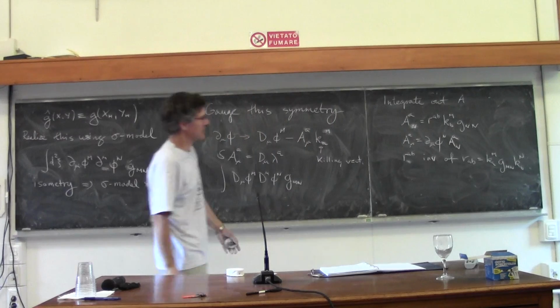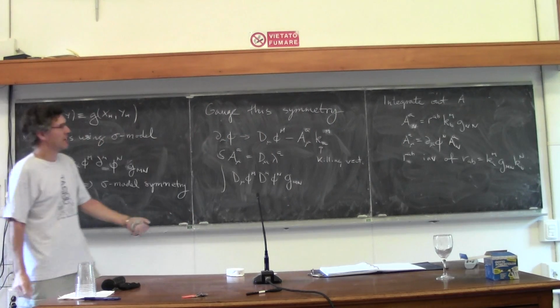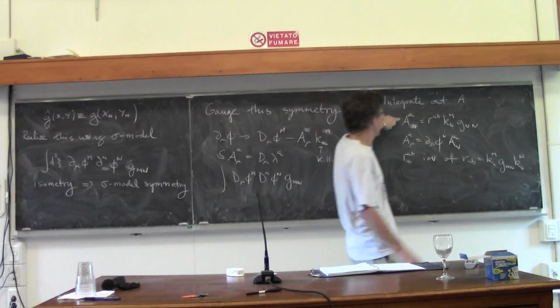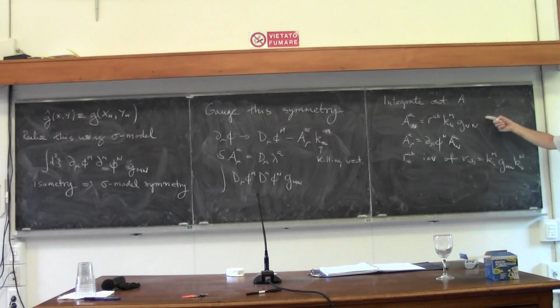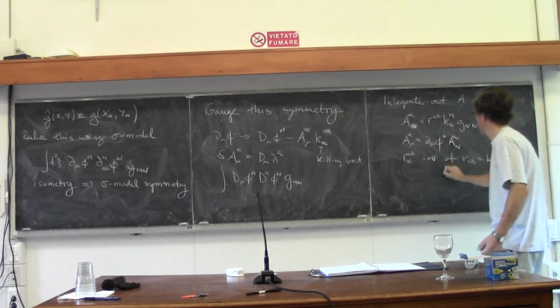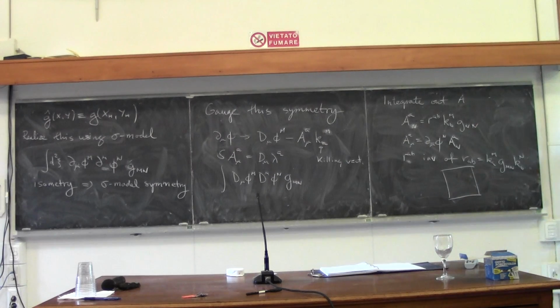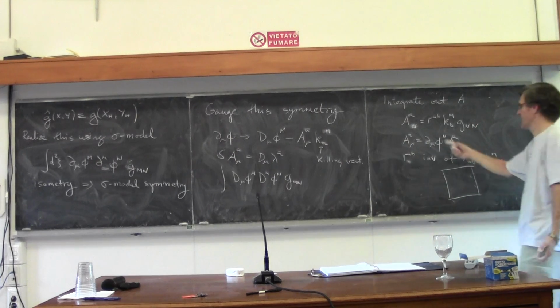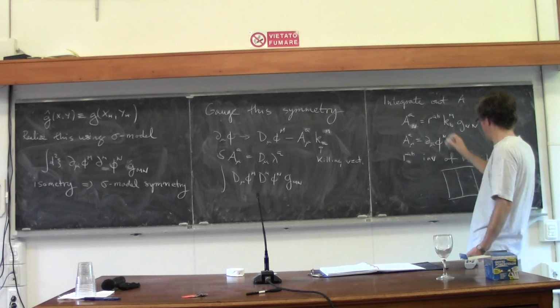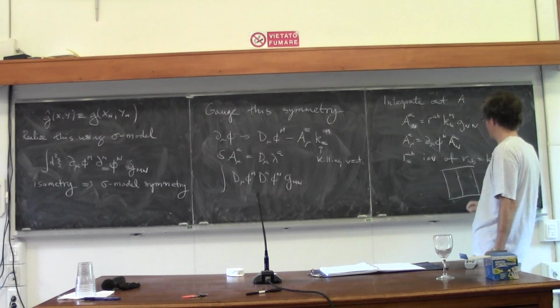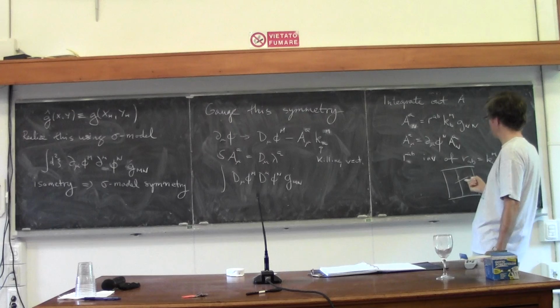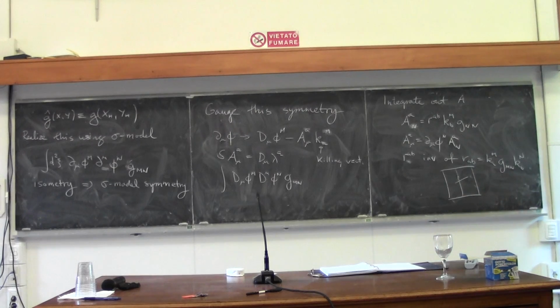These are just some formulas, but if you actually look at what they mean, this is a connection one-form on the target space manifold. And if you look at the kernel of this connection one-form, it's a connection on this principal bundle, and the kernel is the horizontal subspace that we were talking about before.